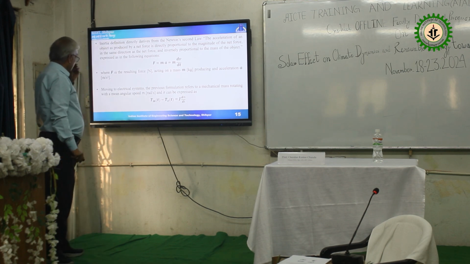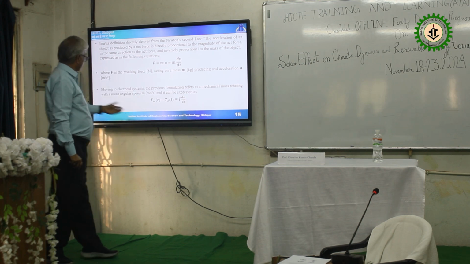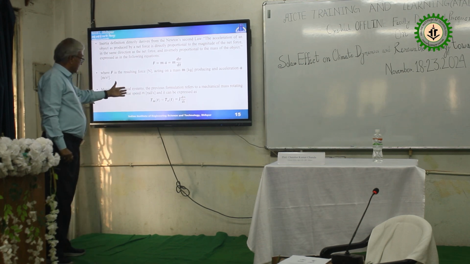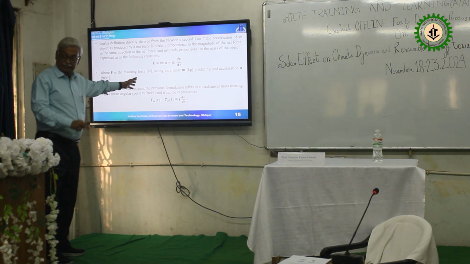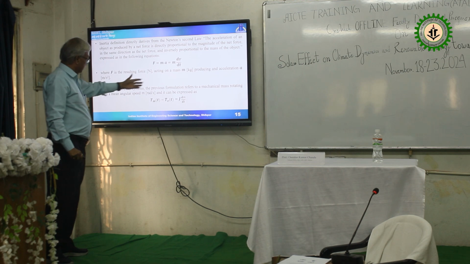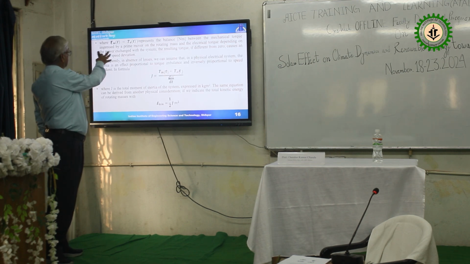That is the thing. So moving to the electrical system, the previous formulation refers to a mechanical mass rotating with a mean angular speed. That is the mechanical angle, not the electrical angle. You know the relation between electrical radians and mechanical, then it can be expressed with this. This is the difference of torque between the mechanical torque and the electrical torque.